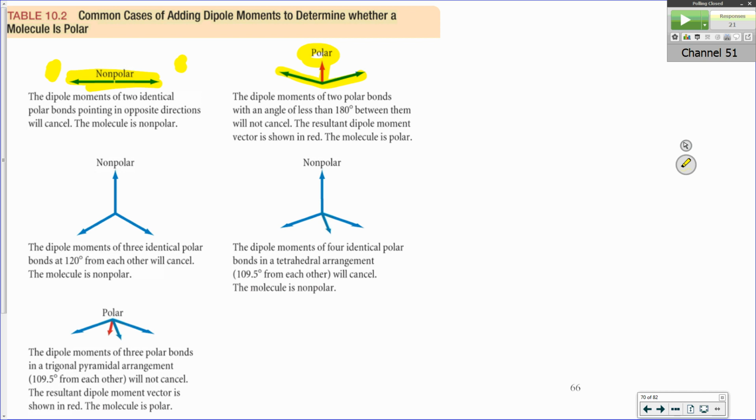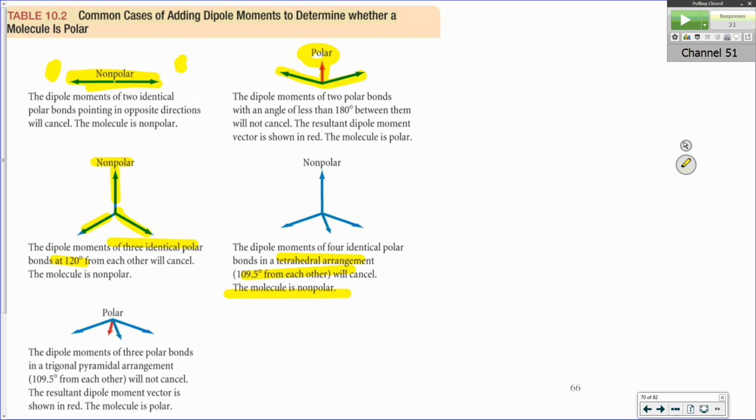When we have an example like the trigonal planar that we looked at, and all the atoms are identical, that's symmetry. That's going to be a nonpolar molecule. If we have a tetrahedral arrangement and all the atoms are identical, it's going to be a nonpolar molecule. Everything's going to pull away from each other and cancel out in symmetry.